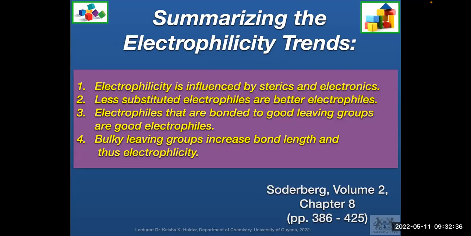So what we were saying is, let's see, we're saying that bulky leaving groups increase bond length and thus electrophilicity.